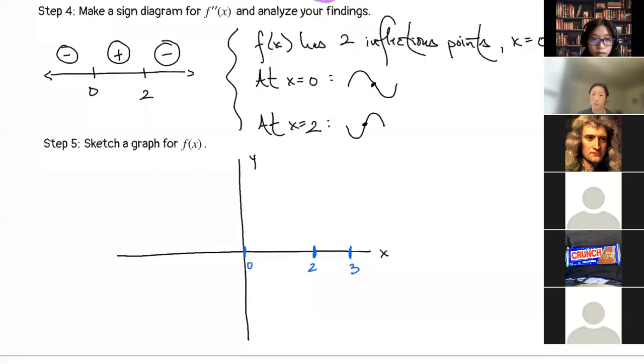Now, from above, we know that there is a maximum at x equals 3. So I'm going to put a point up here because I know this is a maximum. Now we have inflection points. Those are a little bit trickier to draw.